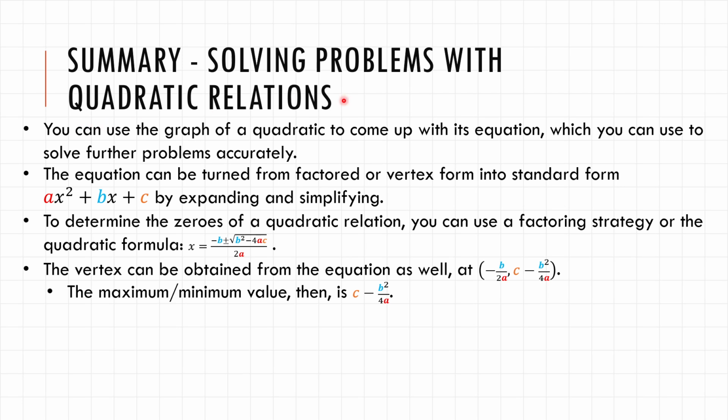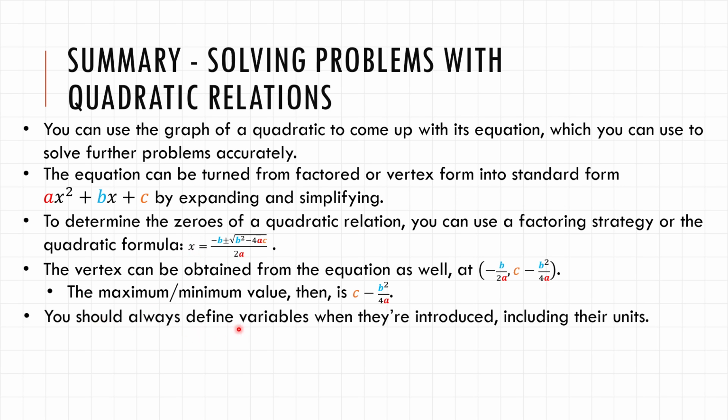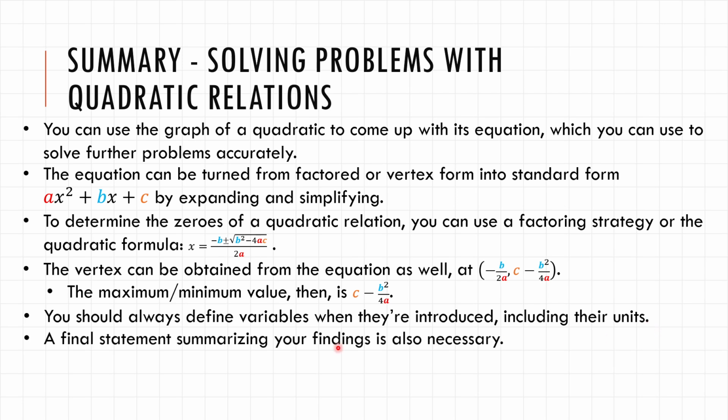But whenever you're dealing with a real-world problem, as soon as you start to introduce a variable like x or t or whatever have you, you should always define it. What quantity is that variable actually measuring, including what unit are you using to measure that? You should also, when you're done solving, include a final statement that summarizes your findings.